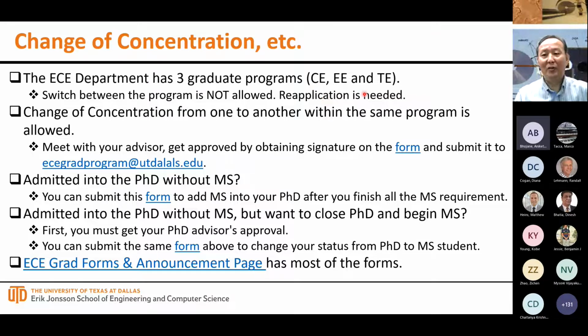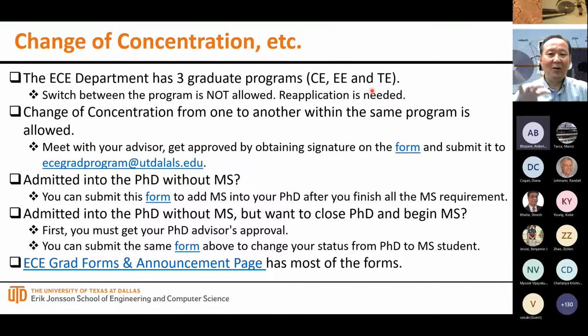So if you are admitted into the electrical engineering master's program, but after reviewing all this you want to go to computer engineering, you need to apply for computer engineering, okay? Switching between these 3 is not allowed.